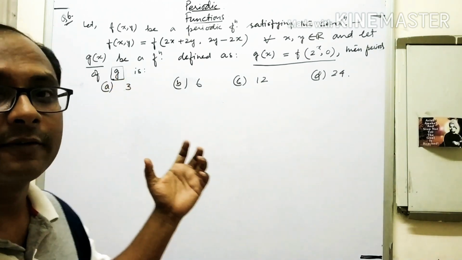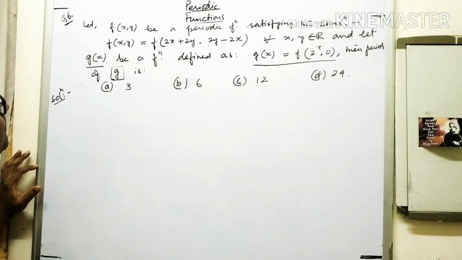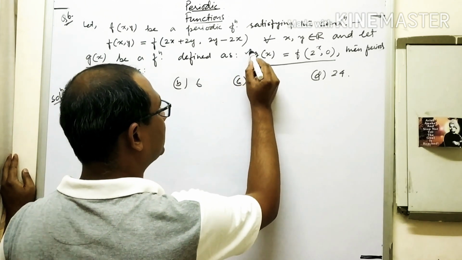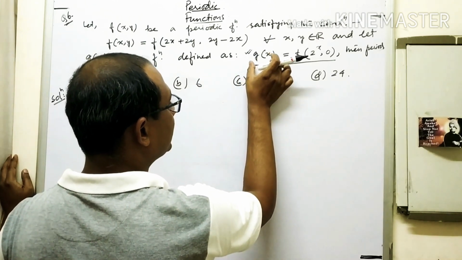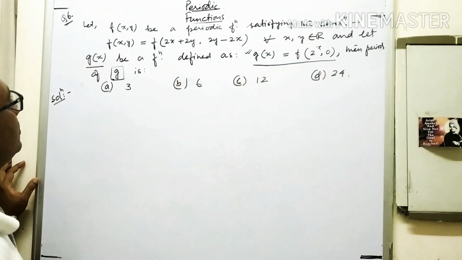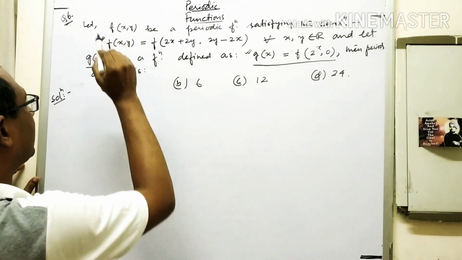Okay, it's a very, very important question. So we'll solve it. Actually, we have to find out the period of z(x), and z(x) is defined in terms of f. So whatever changes we have to make, we have to make here.